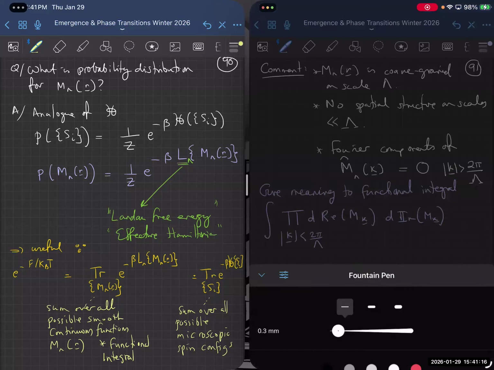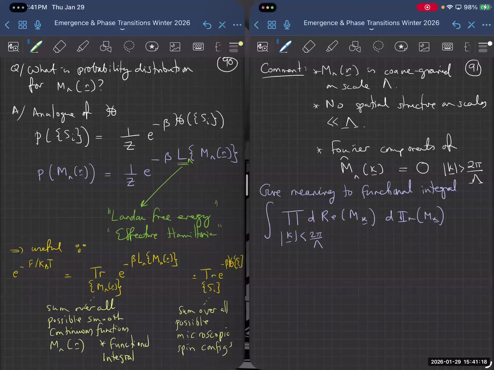Okay, now let me talk a little bit about when this description applies. That's the comment about functional integration. Now I want to talk about how useful this coarse-grained description is.